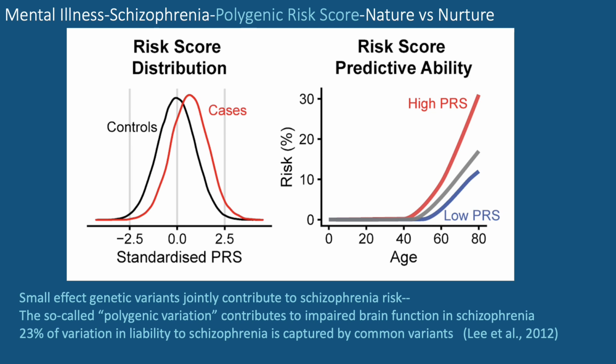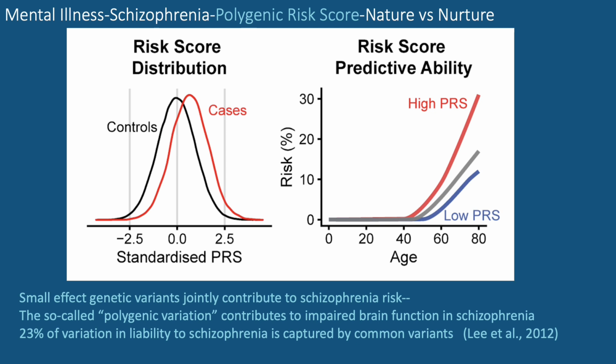So again, let's look a little bit more in detail at the polygenic risk score. If you look at the left side of the cartoon here, you see the distribution of the polygenic risk score in controls in black and in cases in red.